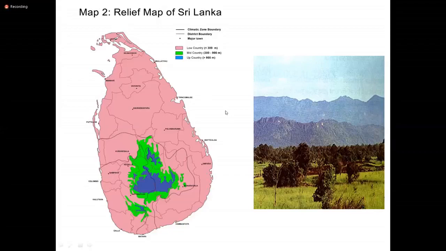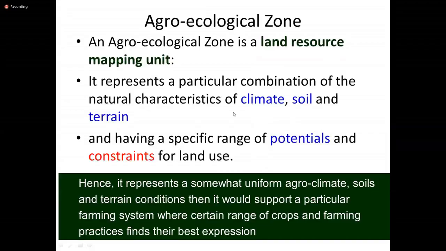Next, we will move to the agroecological zone. I have already mentioned that an agroecological zone is a land resource mapping unit. So one thing is what land resources are available, then the land resource mapping is also there.